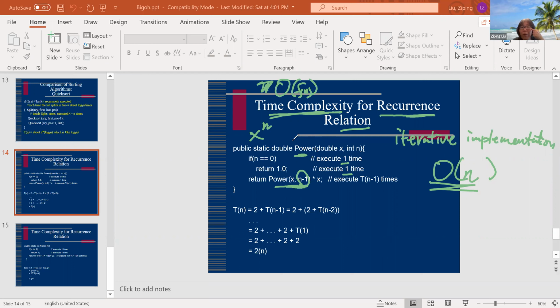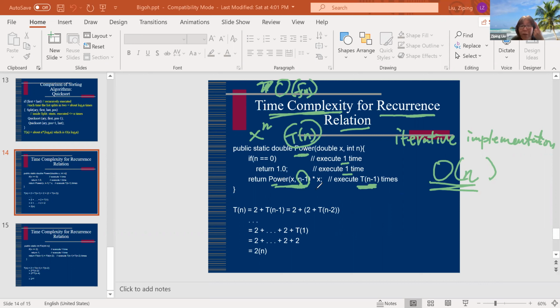So assuming this is T(n), T(n) is for the power method. And when you call power of n minus 1, then what is T? It's T(n minus 1). That's understandable.